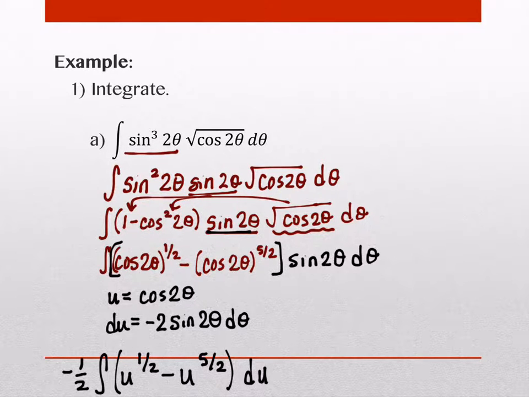Is u to the 1/2 minus u to the 5/2 u to the 4/2? I wish. That would be nice, right? It's like saying is x squared minus x equal to just x. They're not like terms because they don't have the same exponent, so we can't combine them. It would be so friendly if we could, though. That would be wonderful. Unfortunately, not going to work.